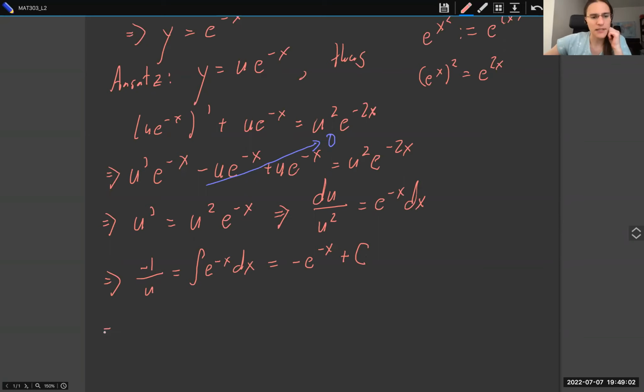And so what happens is that u is equal to, so there's a negative sign here, there's a negative sign here, and it's 1 over u. So I'm going to multiply both sides by -1 and then take the reciprocal. So we get u equals 1 over e to the negative x minus c.